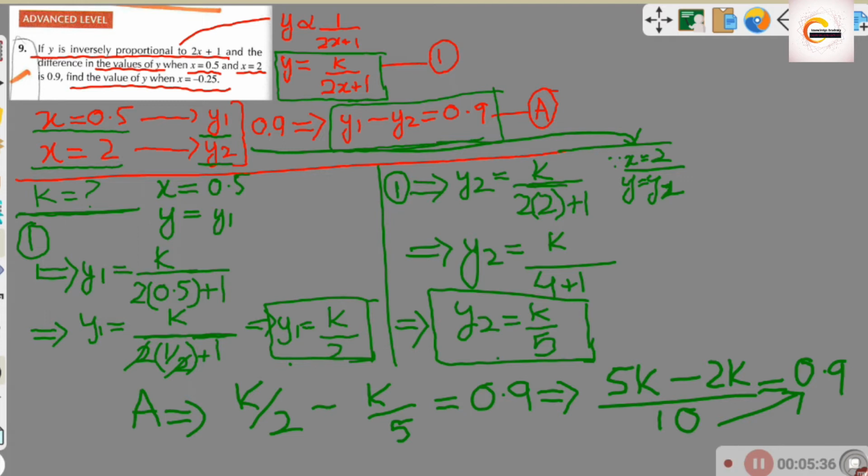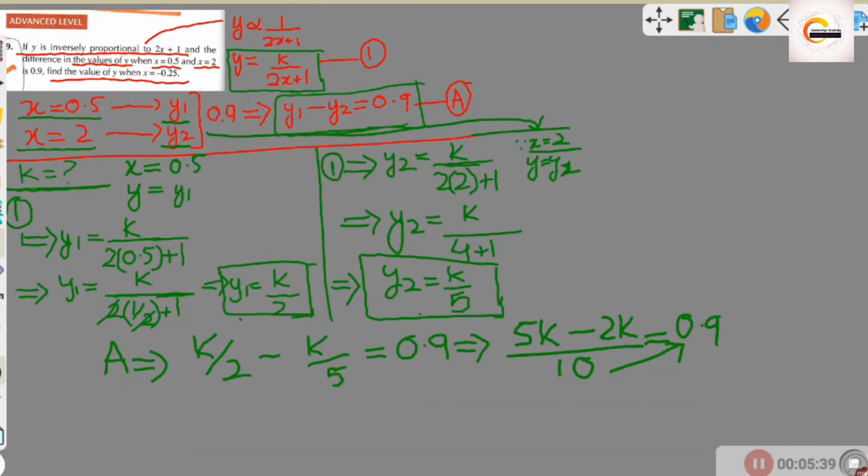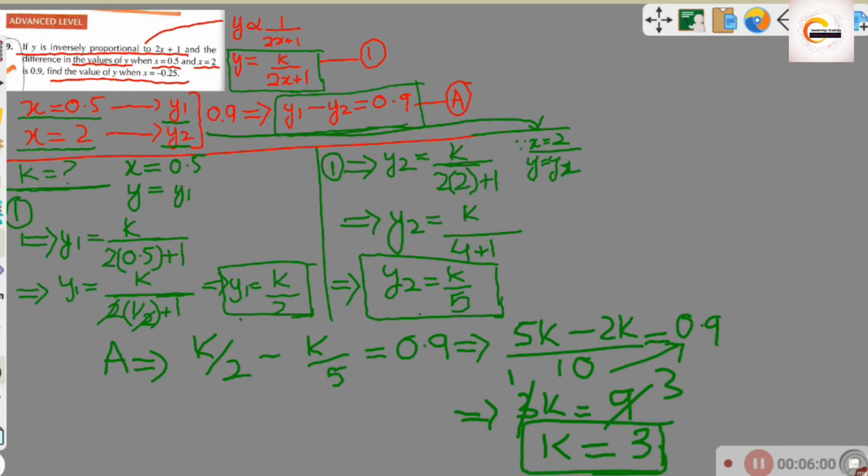I'm going to cross multiply. 5k minus 2k will be 3k is equal to 0.9 multiplied by 10, which is 9, and 3 ones are 3, 3 threes are 9. So the value of k is 3.